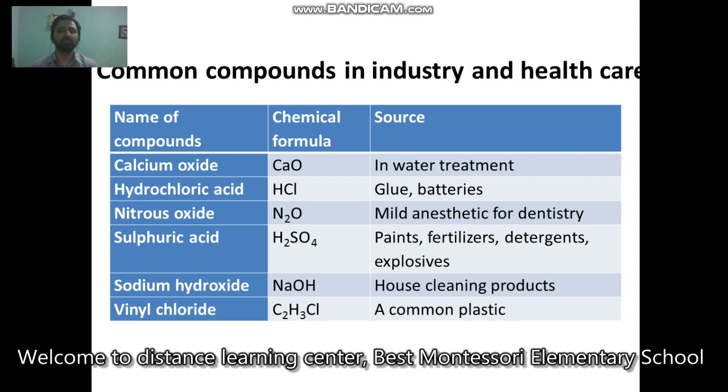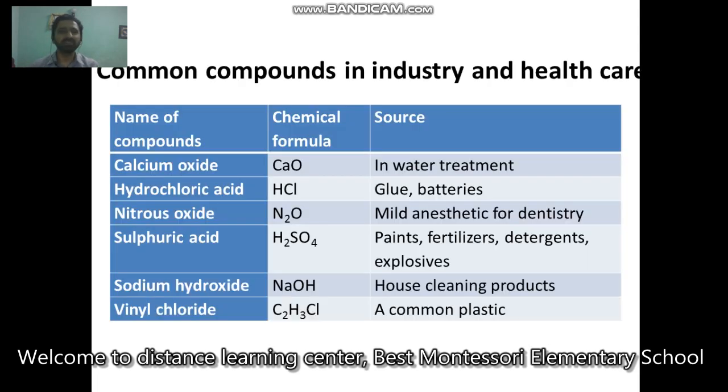Sulfuric acid is used in paint, fertilizer, detergents, explosives. Sodium hydroxide is used in house cleaning products. And vinyl chloride is used in the formation of a common plastic, the plastic bag through which we carry day-to-day goods.